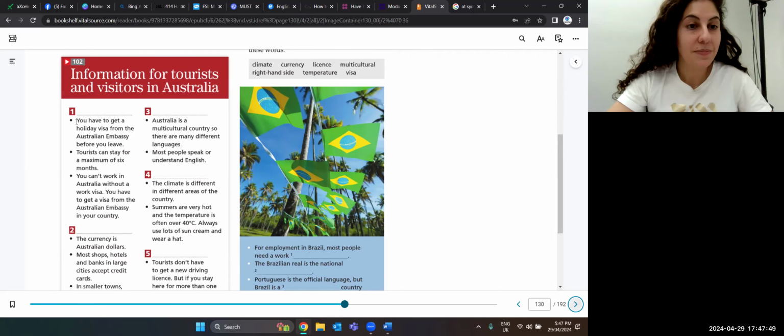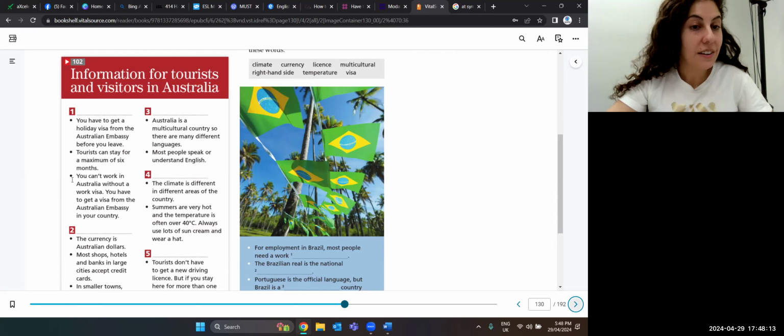Number 1, you have to get a holiday visa from the Australian Embassy before you leave. Tourists can stay for a maximum of 6 months.